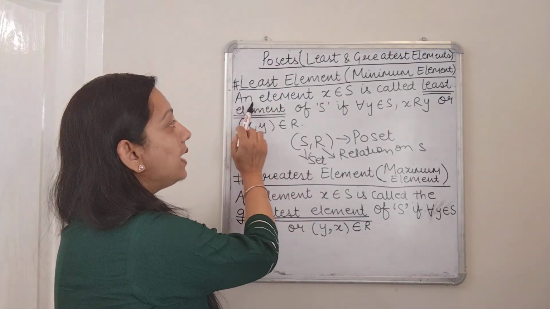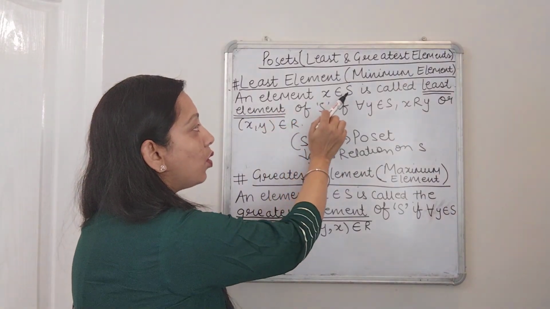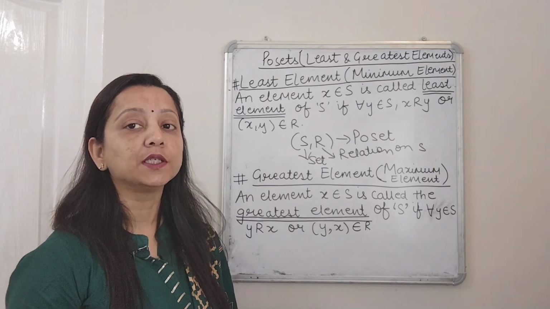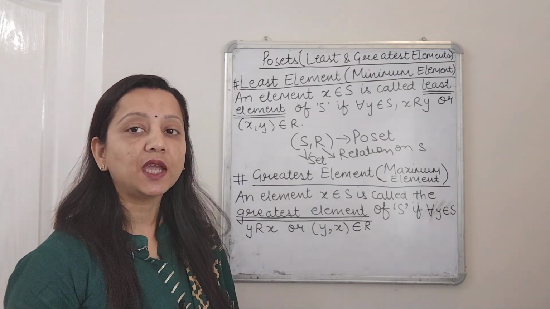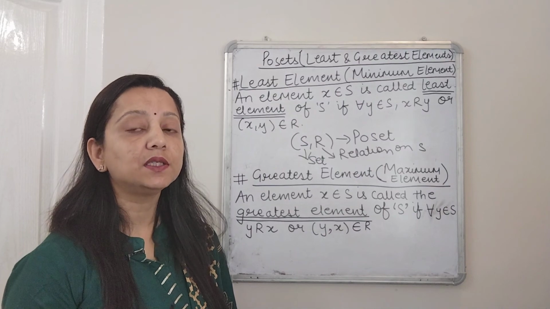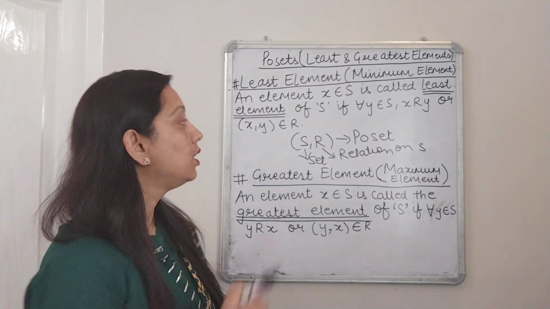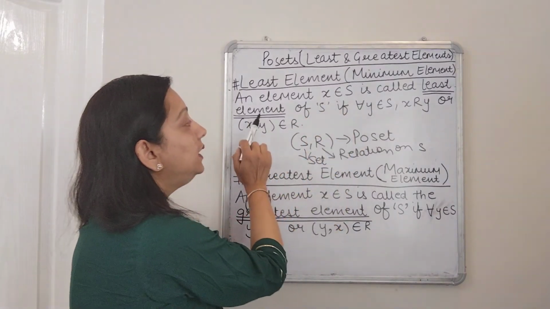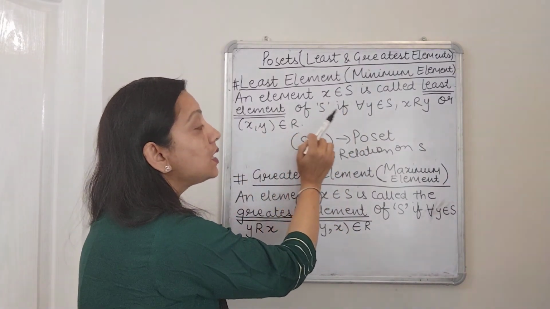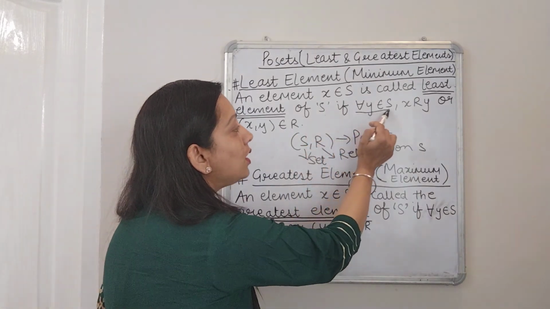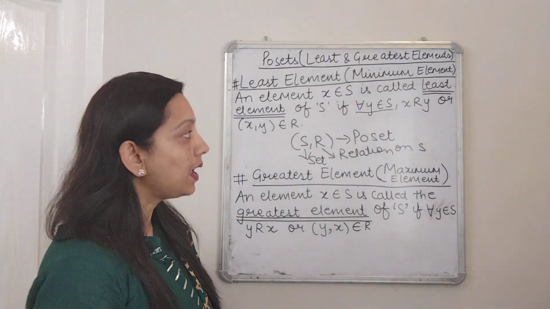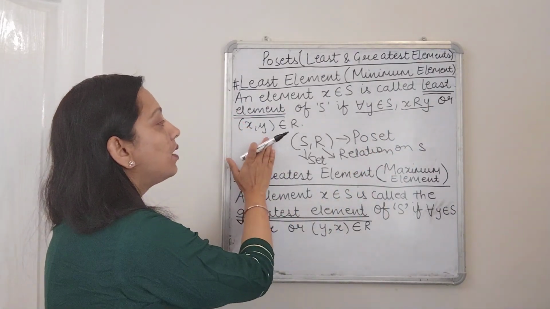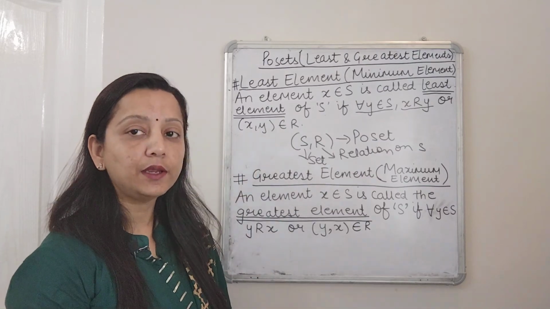It says an element X that belongs to set S. Here X is an arbitrary element, that means I am not talking of a specific element; I am taking any element that belongs to the set S. So an element X that belongs to set S is called the least element of set S if for all Y that belongs to S, X is related to Y, or (X, Y) exists in the relation.